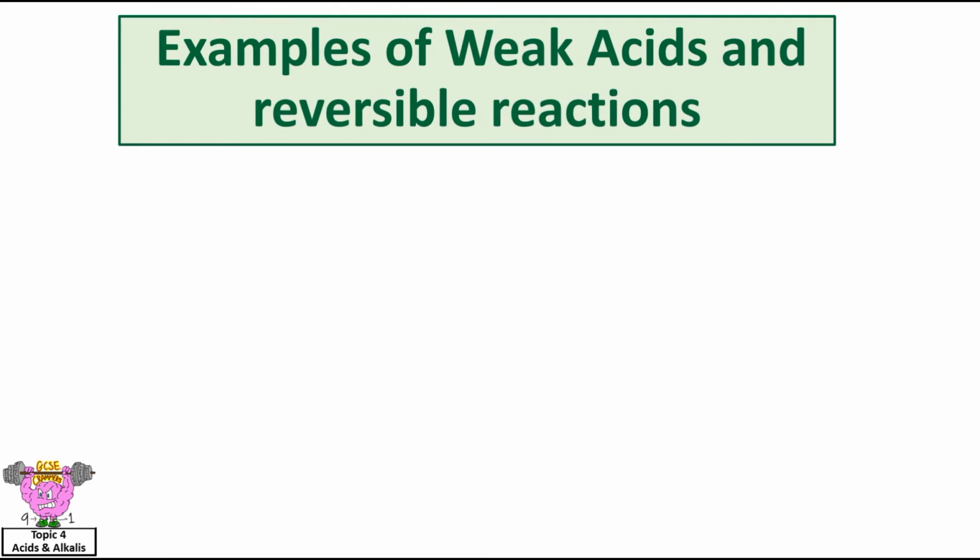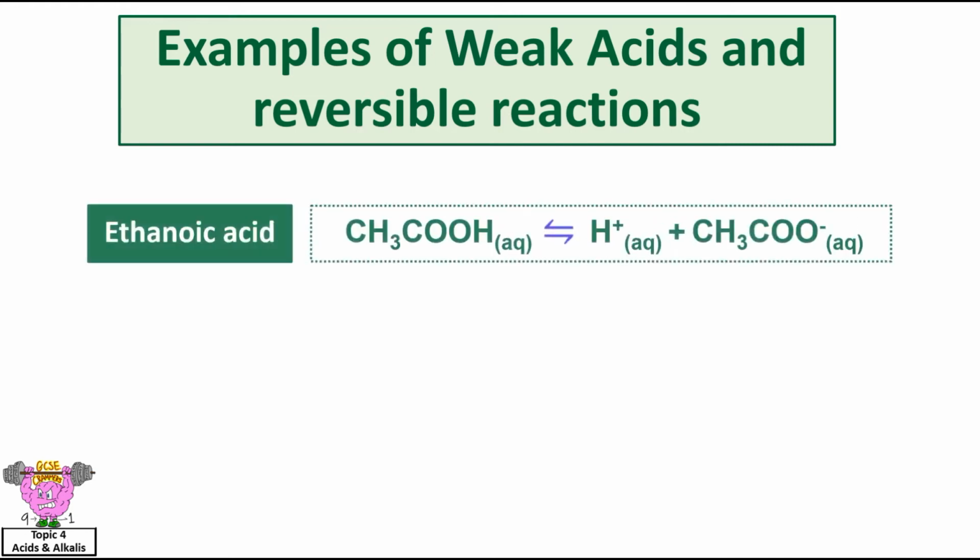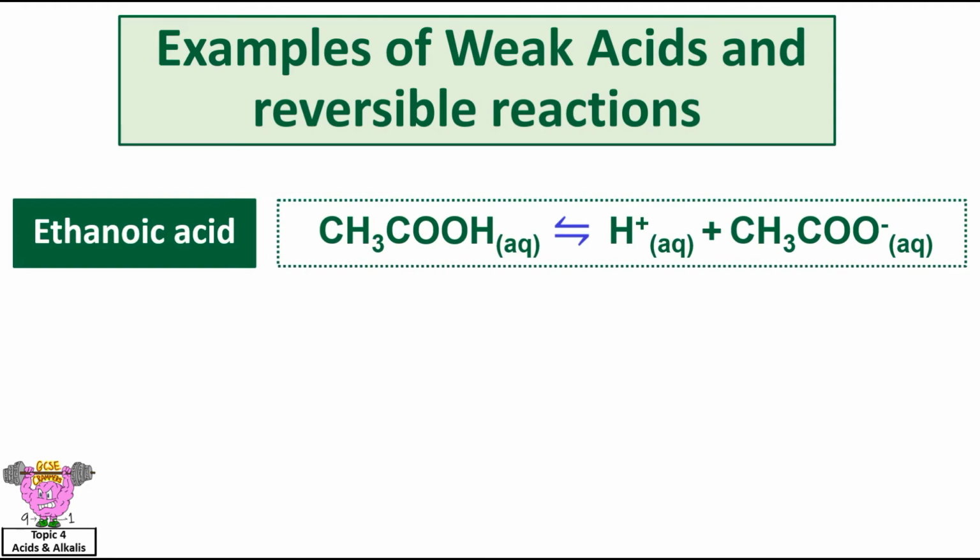Examples of weak acids and reversible reactions. For the exams you need to learn these two examples and their balanced equations. Ethanoic acid, CH3COOH, AQ, an aqueous solution, produces a reversible reaction of H plus AQ plus CH3COO minus AQ.